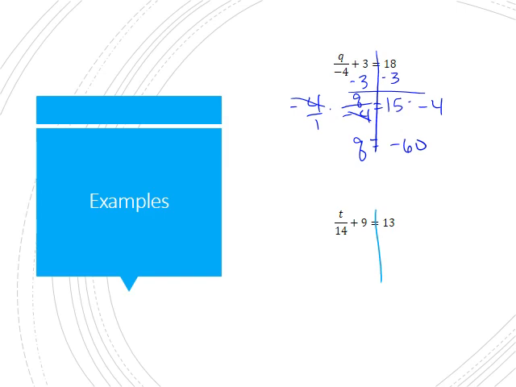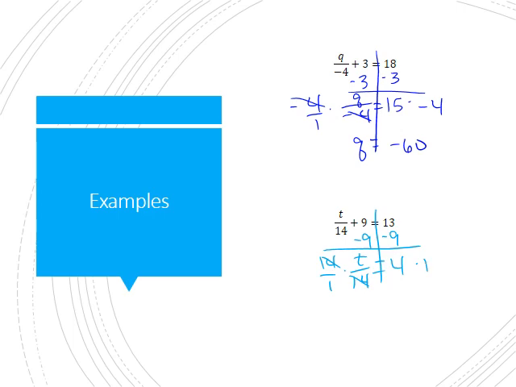We're going to end off with t divided by 14 plus 9 equals 13. Well, again, I have to do everything backwards, so instead of adding 9, I'm going to subtract 9 from both sides of my equal sign. I'm left with t divided by 14 equals 4. Now I can multiply by 14 over 1, and again use my cross-canceling or cross-simplifying.